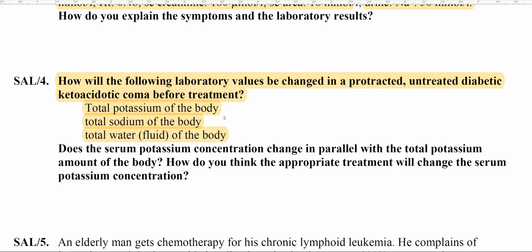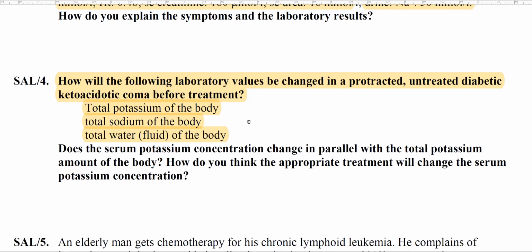Think untreated. If you go to the toilet and start urinating, and I'm asking you how your total body water changed? Decreased. How your total sodium changed? Decreased. How your total potassium of the body changed? Decreased.